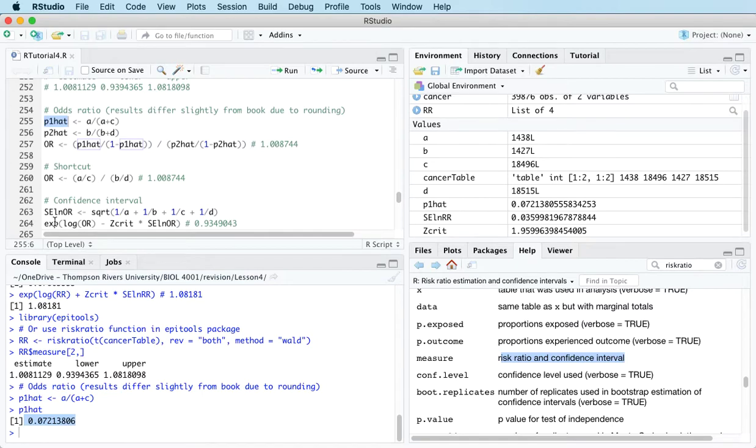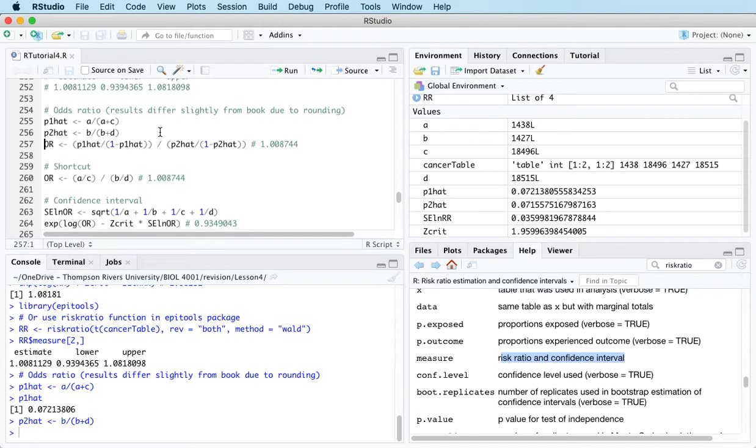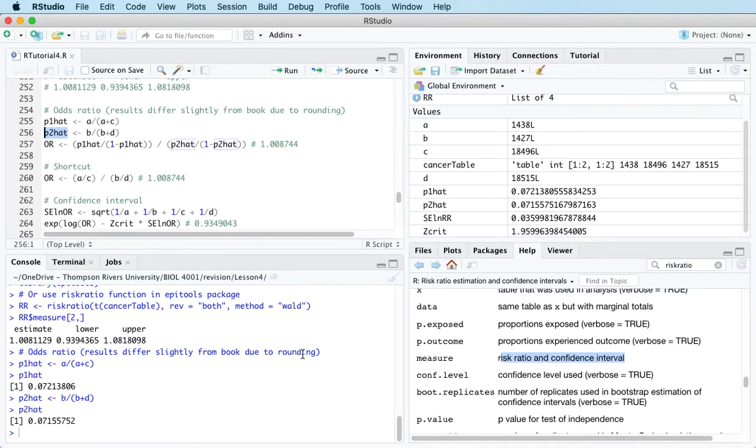And so the other estimated probability is P2 hat, and that was the estimated probability of developing cancer for someone in the control group, the placebo group. And then the relative risk was P1 hat divided by P2 hat.